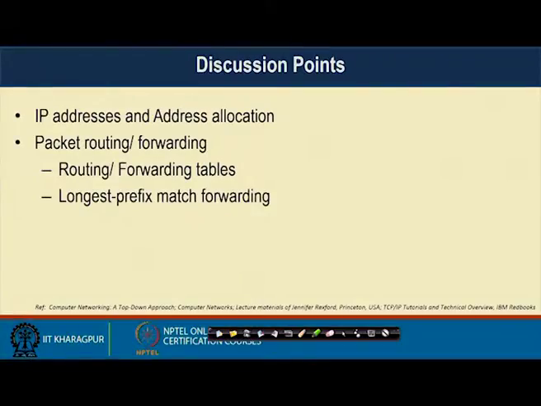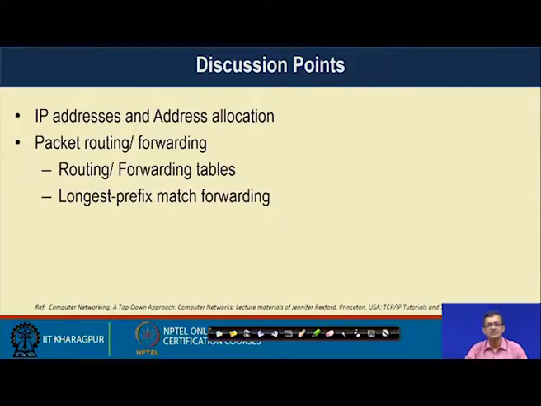We will be primarily looking at the following things: IP addresses and address allocation. Already you have gone through that, so we will quickly brush up on it, and then we will start looking at packet forwarding or routing, or we will say the forwarding table or routing table. We will be using these terms somewhat interchangeably for the tables which are looked up in the router.